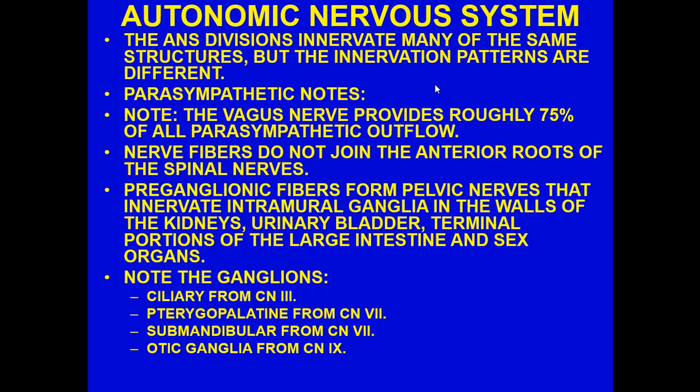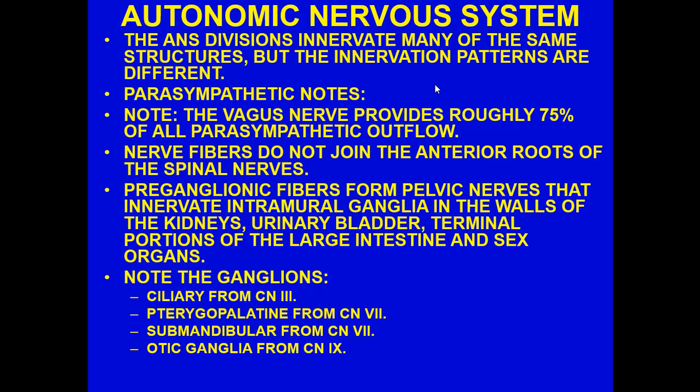The preganglionic fibers form pelvic nerves that innervate intramural ganglia in the walls of the kidneys, urinary bladder, terminal portions of the large intestines, and sex organs. What I'm saying there is you end up having a much longer preganglionic fiber in parasympathetic.